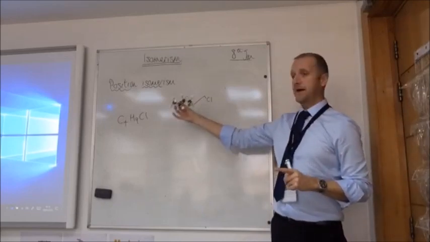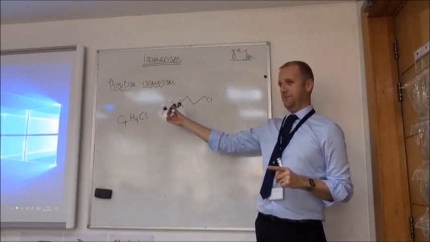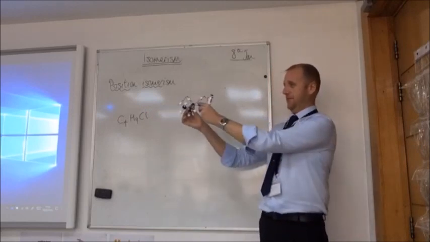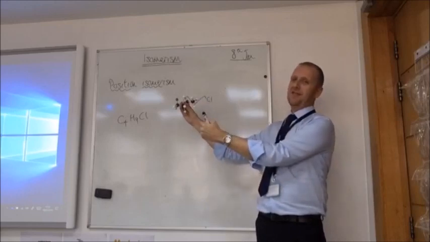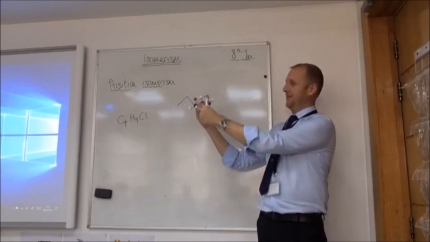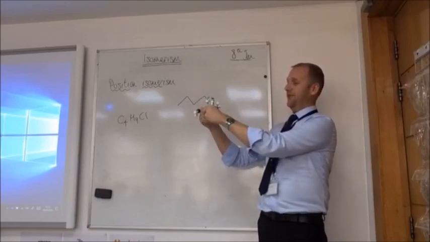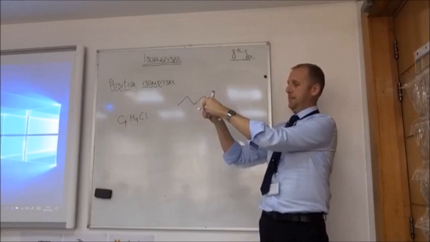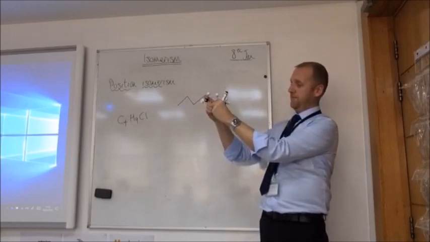How can I change that really quickly to make different isomers? Well, if I do this, that's exactly the same. I can take the chlorine and switch it to the second one.